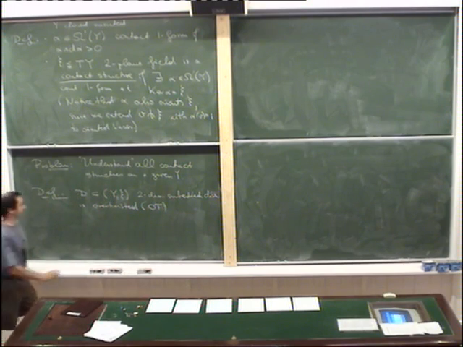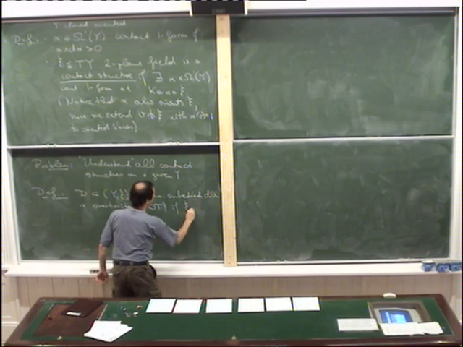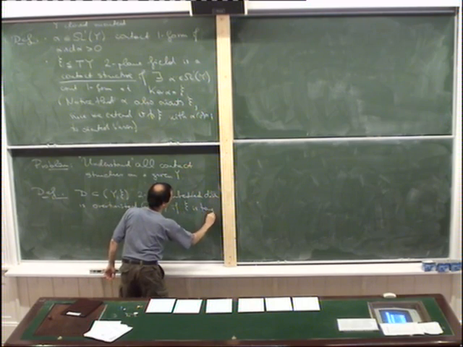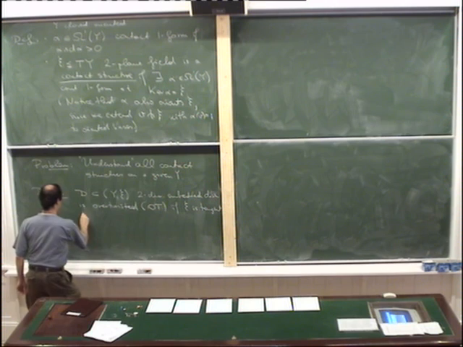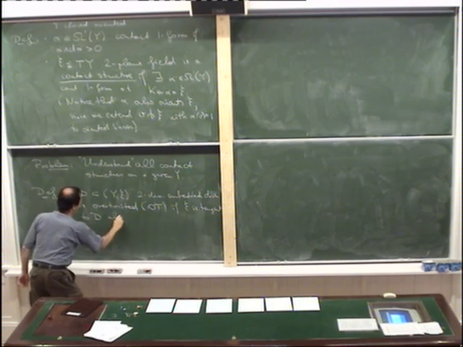So it's an overtwisted disk if Xi is tangent to D along its boundary.